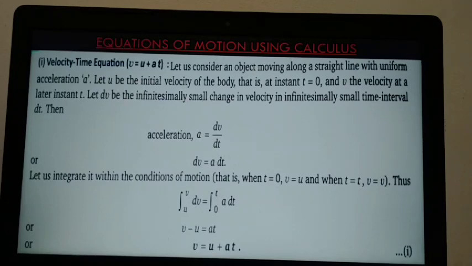When t takes the upper limit t minus the lower limit 0, a into t minus 0, which is a into t. So on the left hand side you get v minus u, on the right hand side you get at. So v is equal to u plus at.